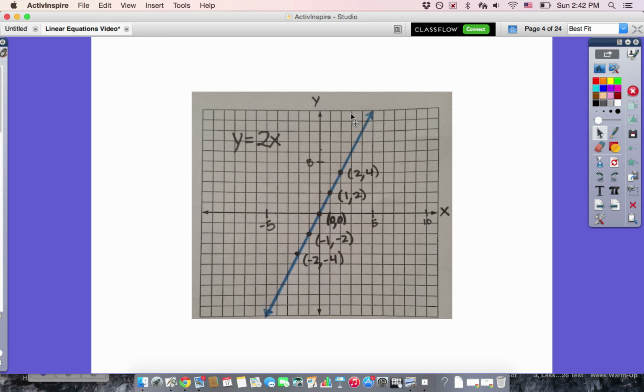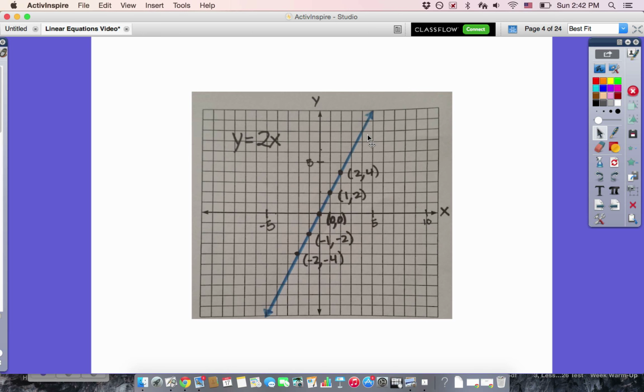And on my line, I have arrows on both ends to say that my line goes on forever. Okay, all the points on this line are solutions to y equals 2x. I only plotted 5 solutions, but every point on this line is a solution.